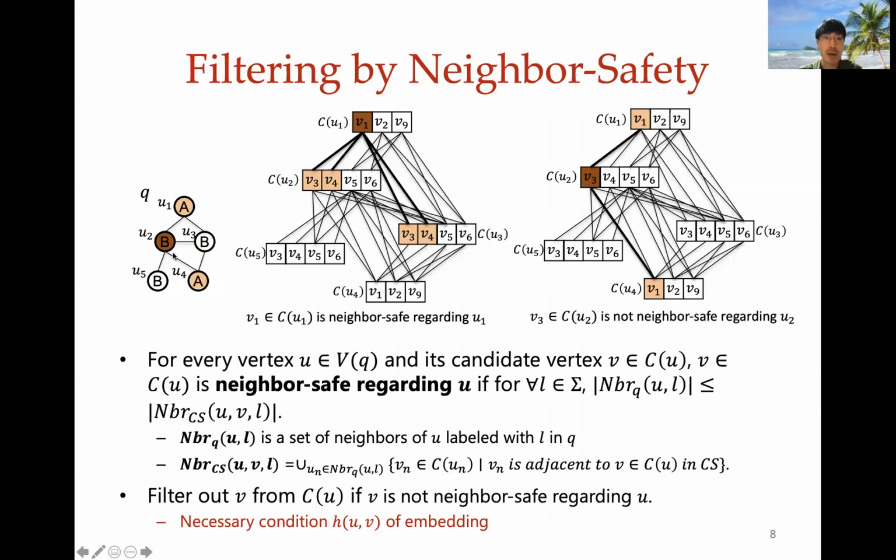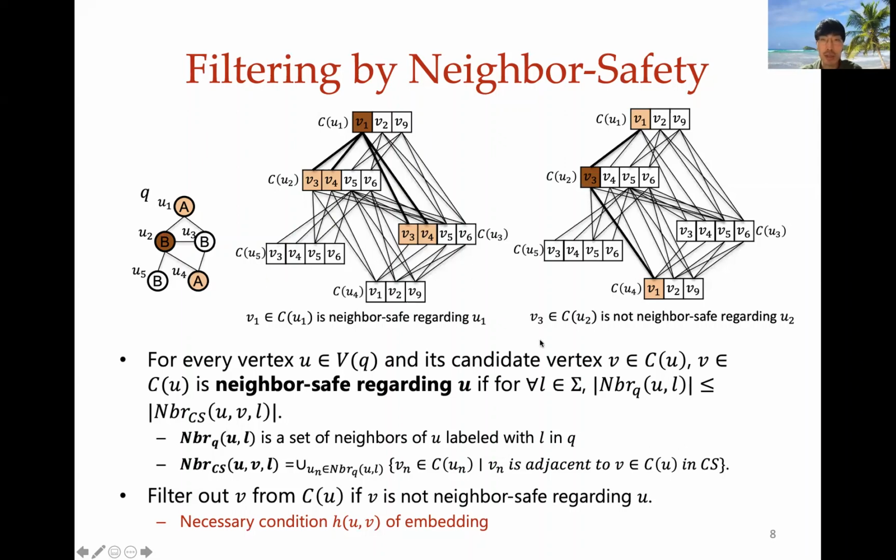Then for label L, U2 has two neighbors, U1 and U4, with label L, while V3 has one neighbor, V1, with label L. But mapping U2 to V3 will lead to no embeddings because U2's neighbors U1 and U4 do not have enough candidate vertices to be matched with, because they have only candidate V1, which will lead to a conflict.